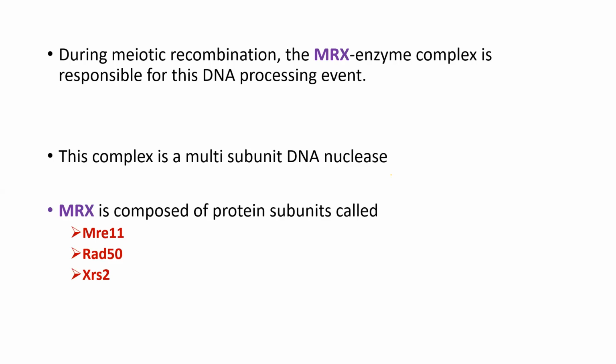MRX is composed of 3 protein subunits called MRE11, RAD50, and XRS2. The first letters of these 3 subunits, M of MRE11, R of RAD50, and X of XRS2, give the protein its name, MRX. It's a multi-subunit complex containing 3 subunits: MRE11, RAD50, and XRS2.